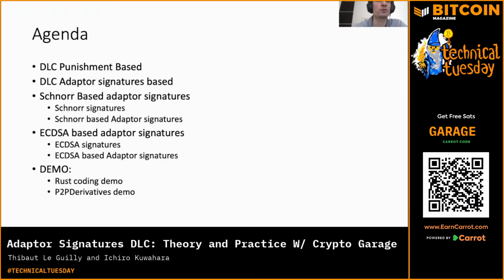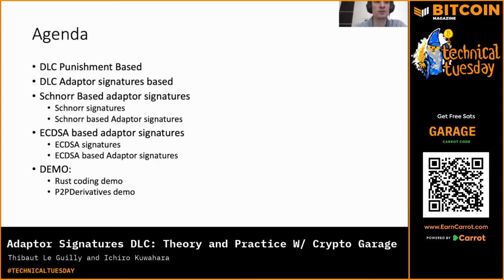So first of all, I'm going to recall a bit the original DLC protocol, and then how the adapter signature version differs. And hopefully that will really show the power of adapter signatures. Then Ichiro is going to explain a bit more the mathematical details of how adapter signatures work, both when we are using Schnorr signatures and when we are using ECDSA.